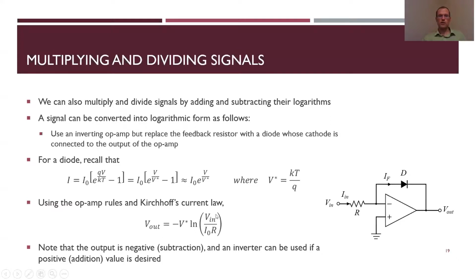So again, I've converted this into natural log form essentially. Because it's minus, if I add this to another one, it's going to give me subtraction. If you want the addition, you can use an inverter. If you want to add signals, or in that case, I guess multiply signals, because addition of the logarithms is like multiplication. So with a minus sign, I'm essentially dividing signals.